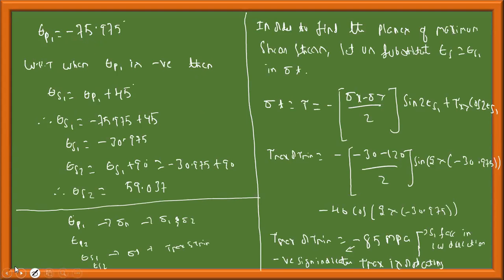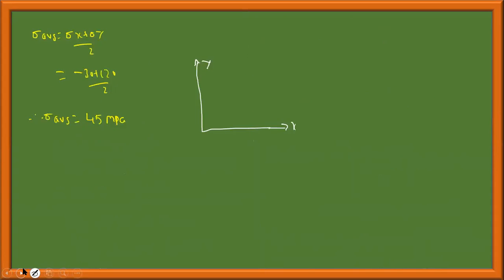Next, theta S1. Theta S1 is at an angle of minus 30.975 degrees. Just write a certain angle at this angle theta s1. If you want to measure it, you can measure properly and write. Sometimes in the evaluation they will see that it is not drawn properly with a triangle line, and they feel that you have not evaluated properly.